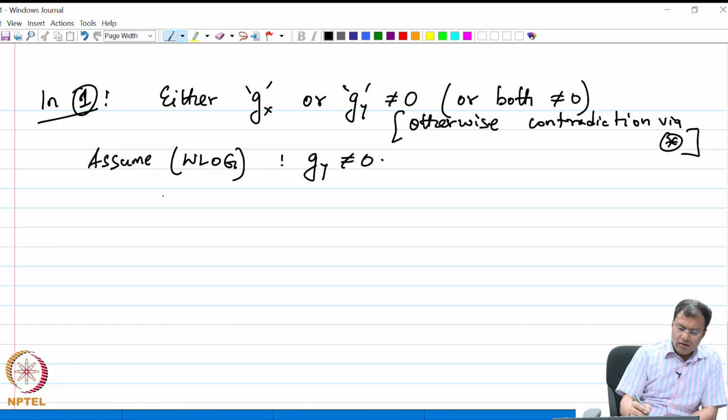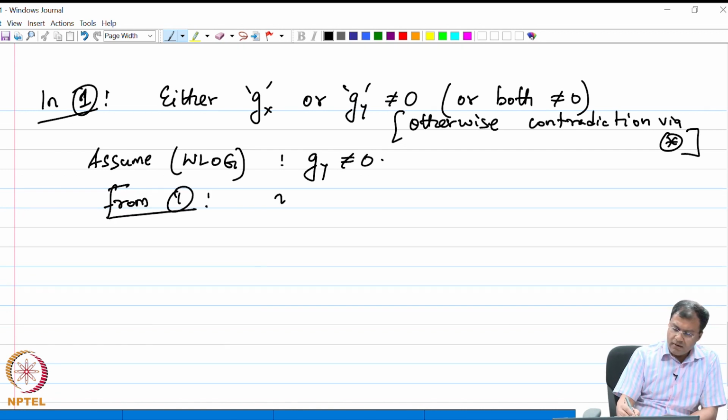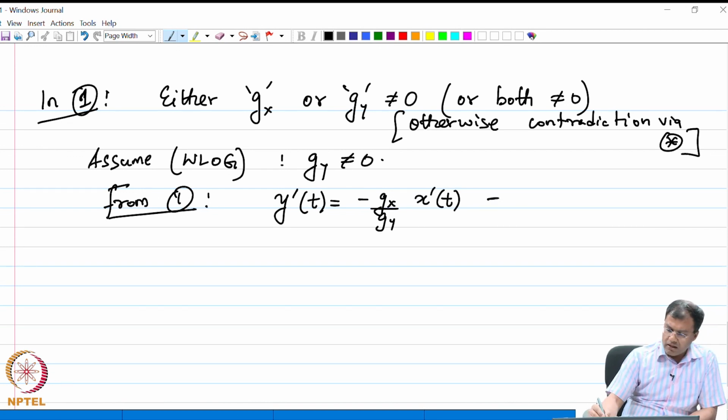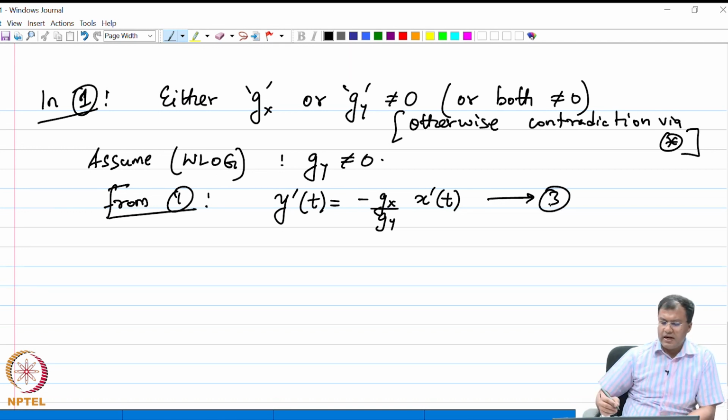Which means from 1, the relation can be changed into another relation, that is y prime is equal to negative g x by g y times x prime of t. So, let me call this as 3, right. I have represented one derivative with respect to the other derivative.